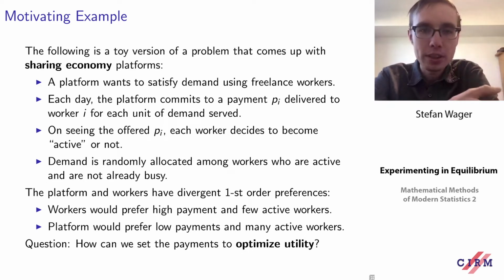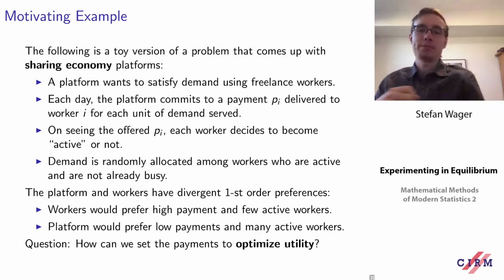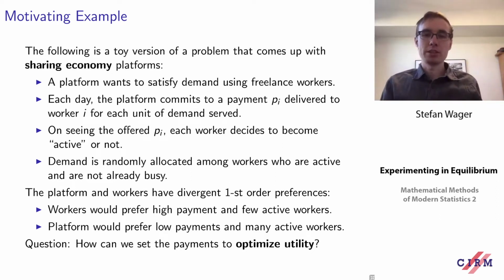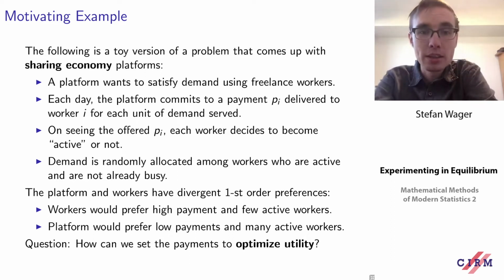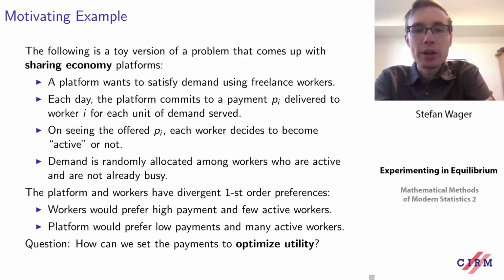There's some freelance workers, and then the platform tries to recruit freelance workers to satisfy this demand. And the way this is going to go is that there's a loop where every day the platform first publishes a payment PI. It's willing to pay workers for each unit of demand served.